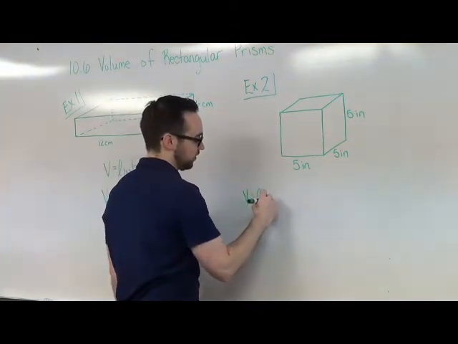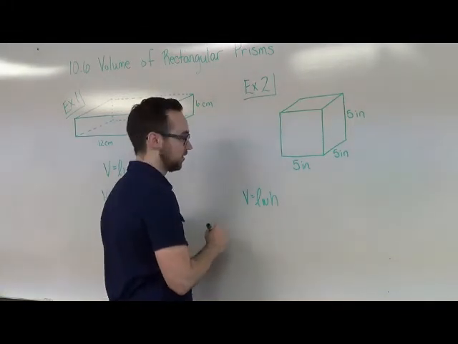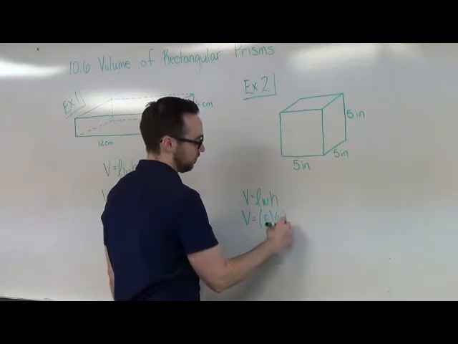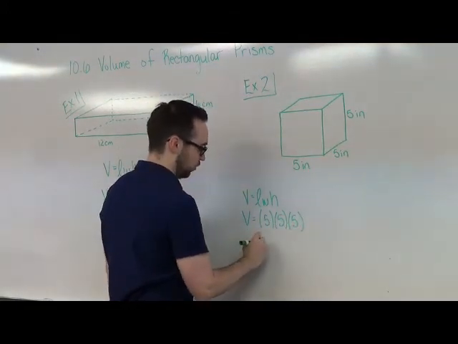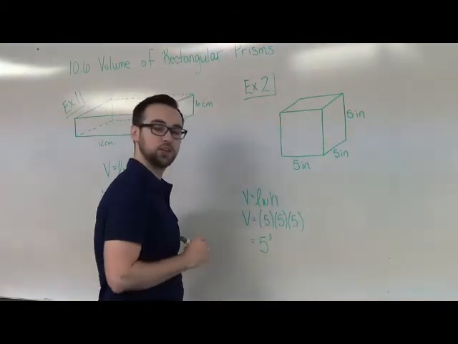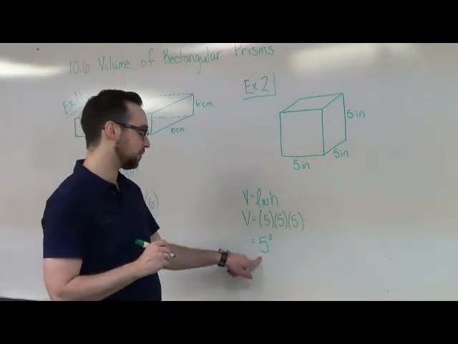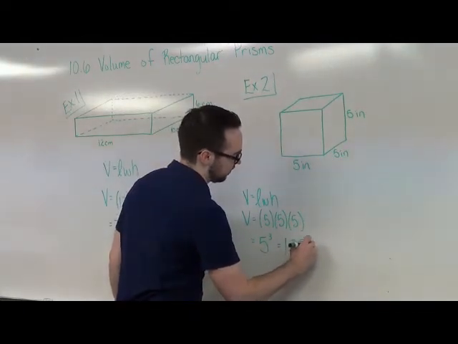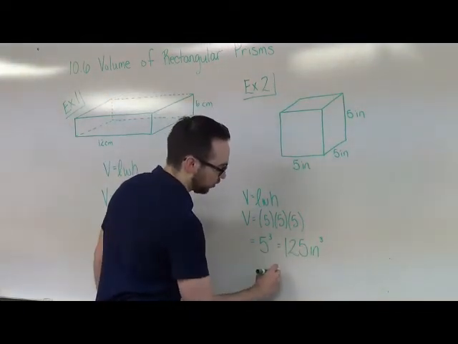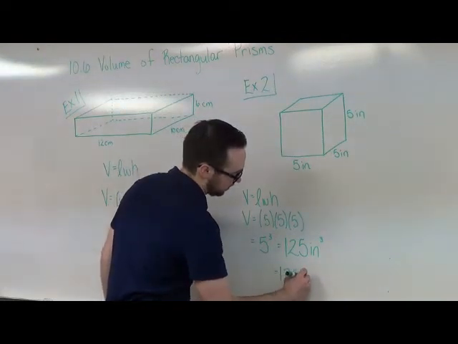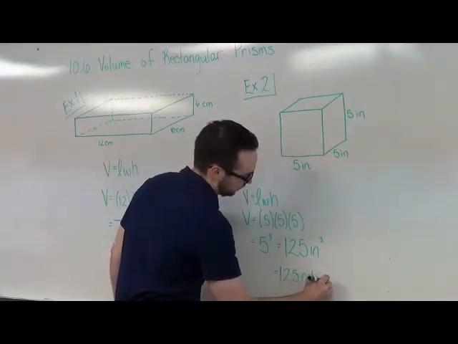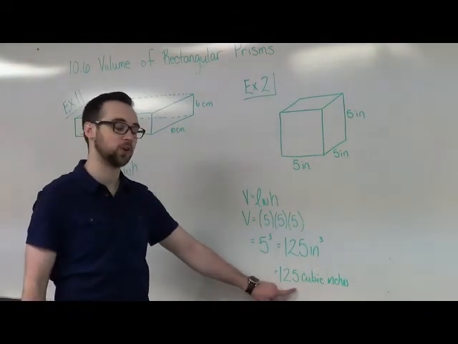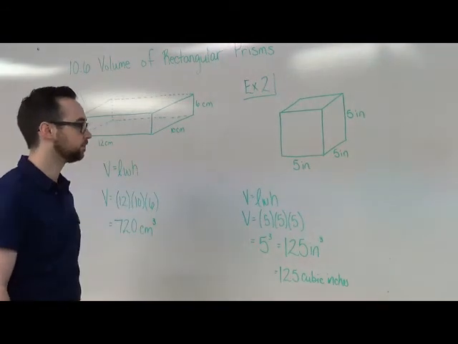The volume again doesn't change. We're still doing length times width times height. So when I find volume, all of these are going to be the same. Or you could write that as 5 cubed. So remember, 5 times 5 times 5 is the same as 5 cubed, which will give us the answer of 125 inches cubed. Or you could write that as 125 cubic inches. Just make sure not to put 125 cubed. That's not correct.